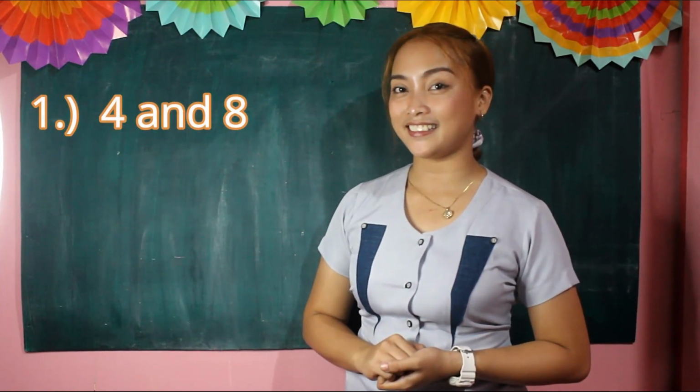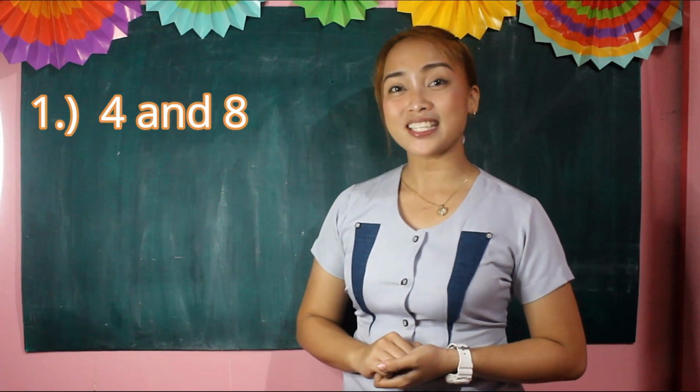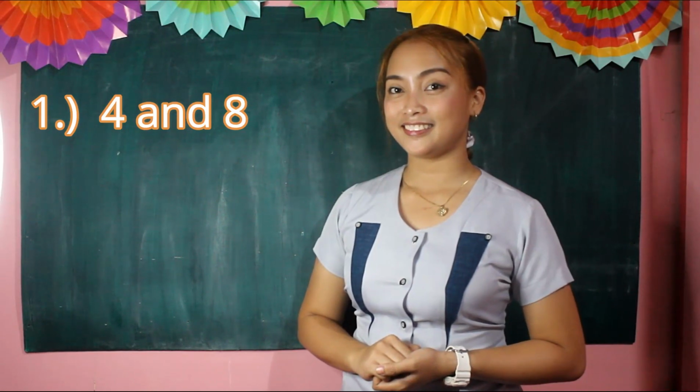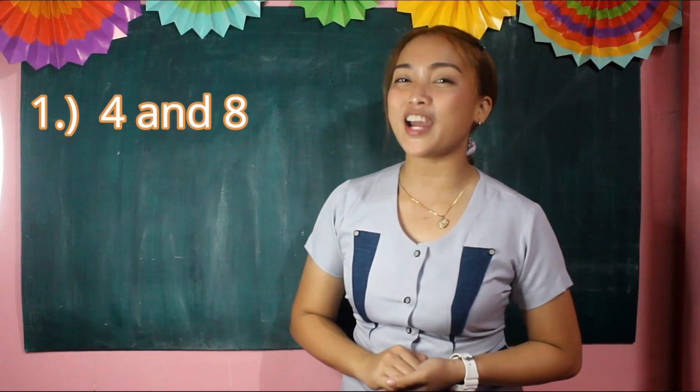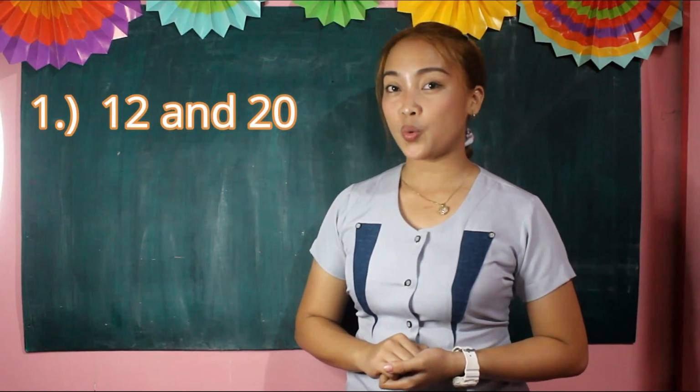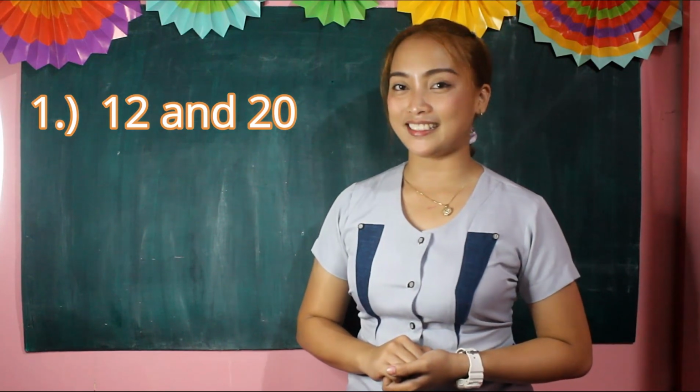Now, let's see if you can still remember about GCF. Let's try this one. Number 1. 4 and 8. What is the GCF of 4 and 8? Correct, 4. How about number 2? 12 and 20.